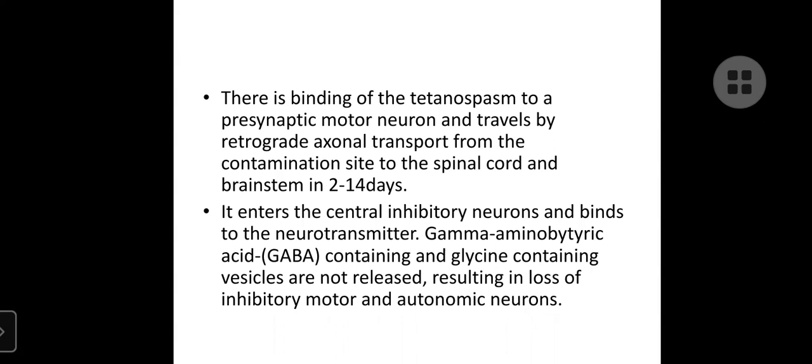When it gets to the place of destination, it binds to the central inhibitory neurons and hence binds to the neurotransmitter, that is the GABA containing and the glycine containing vesicles. This blocks the inhibition pathways. That means the neurotransmitters cannot be released, resulting in the loss of inhibition functions. So the inhibitory, motor, and autonomic neurons will be lost in this process.